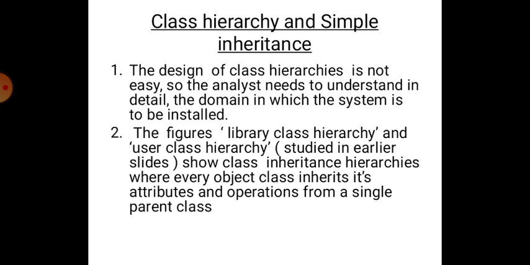So students, till now we have studied simple inheritance. That is, there is a single parent class and there are one or more inherited classes. But you have studied in object oriented programming, there is something called multiple inheritance also. So we will be studying what is multiple inheritance in these object models also. That comes in the next slide.